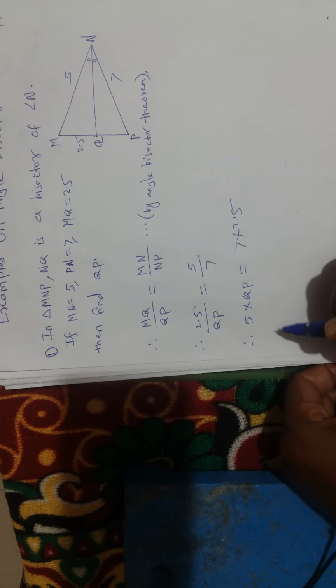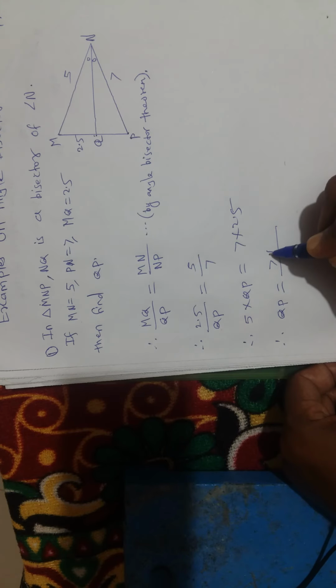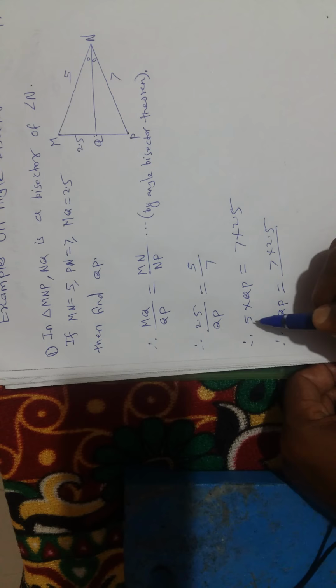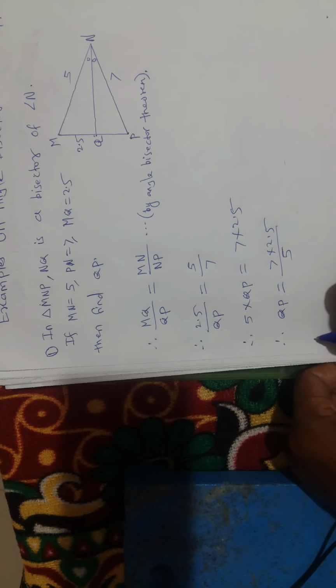Therefore QP is equal to 7 into 2.5, and 5 is in the denominator on the right hand side.